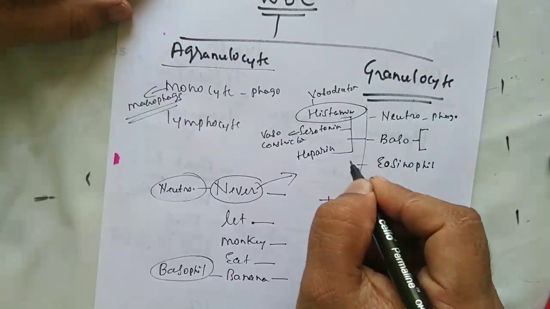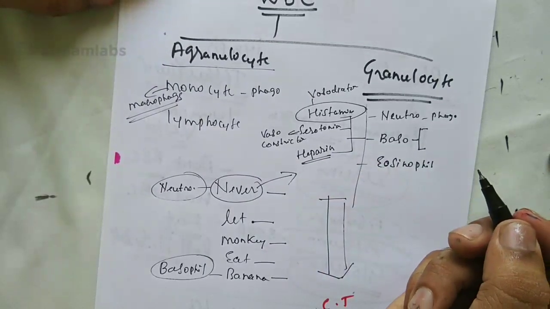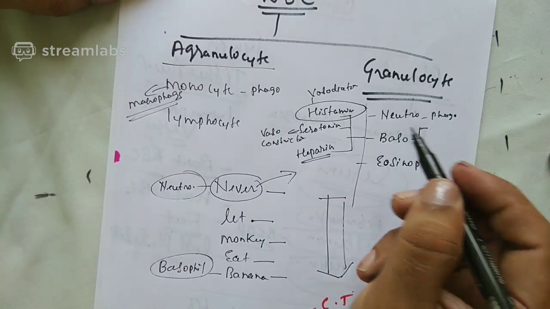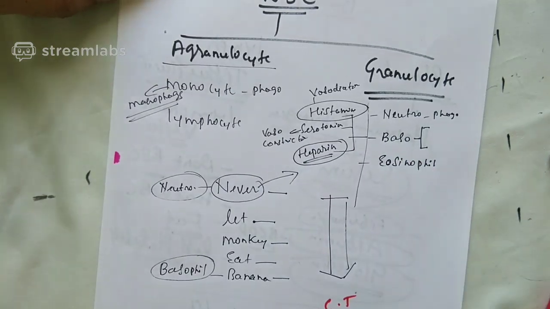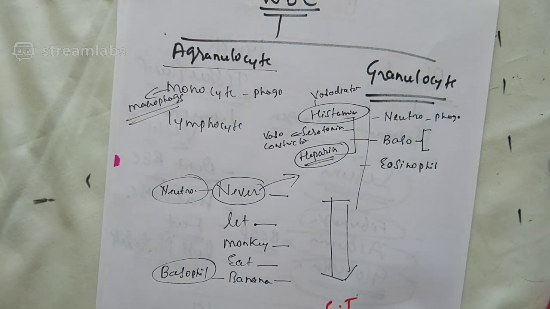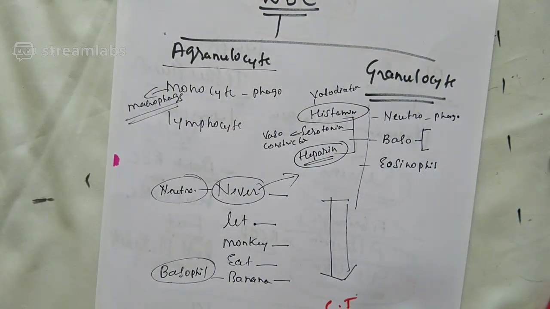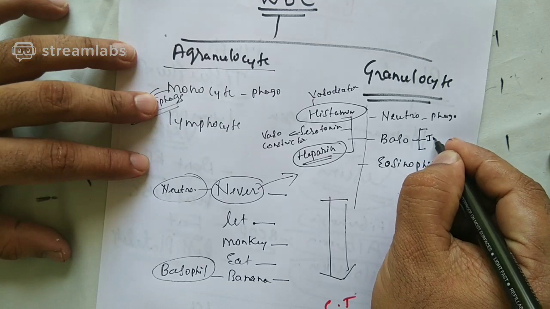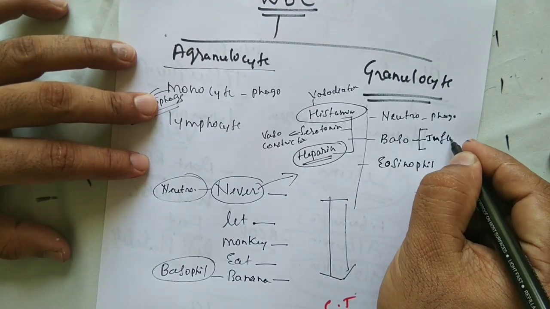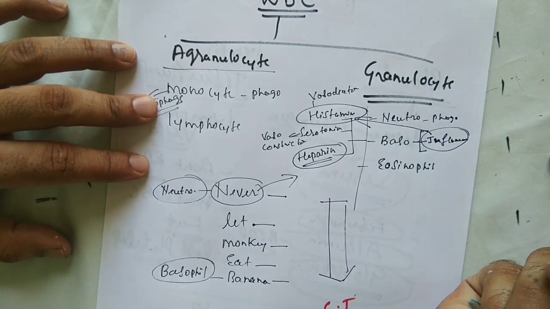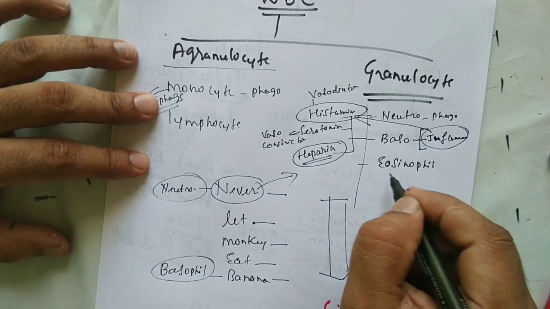Heparin is a natural anticoagulant. That is the reason in the blood vessels the blood remains fluid, does not get clotted because of the heparin. These three chemicals are produced by basophils. Which of the following is not produced by basophils can be asked. You should remember. And the next one, you should remember that basophils are also responsible for inflammatory response. Inflammation. Very easy. Why? Inflammation is because of these chemicals, histamines and serotonins.